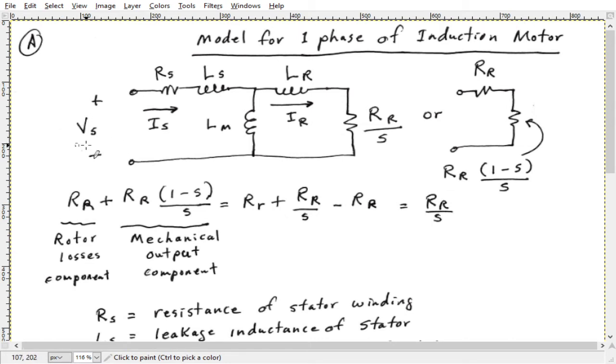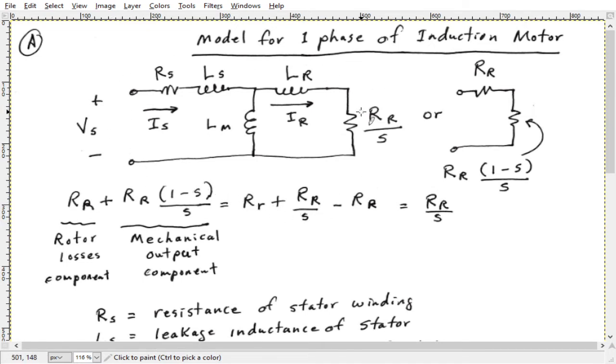First, let's start over here. This is the voltage applied to the stator, the 60 hertz sine wave or cosine wave from the AC mains that's being applied to the motor. We're talking about 3-phase motors here, so there are going to be 3 of these, 3 phases, all 120 degrees out of phase with each other, which is standard 3-phase power. So this is the model for 1 phase.